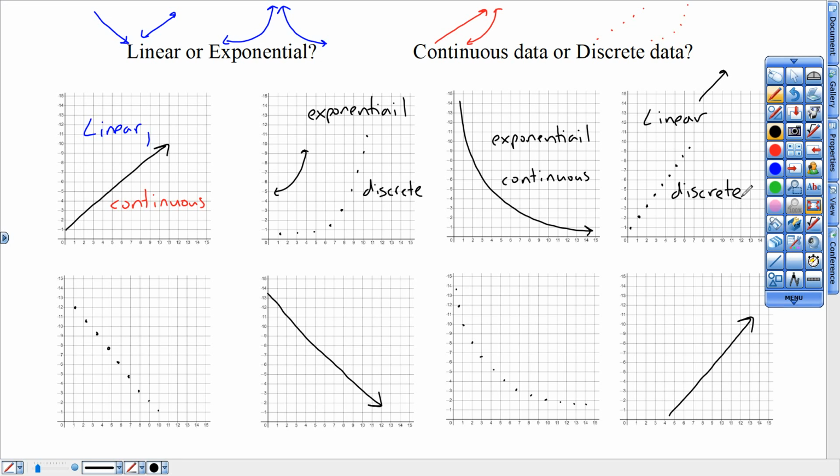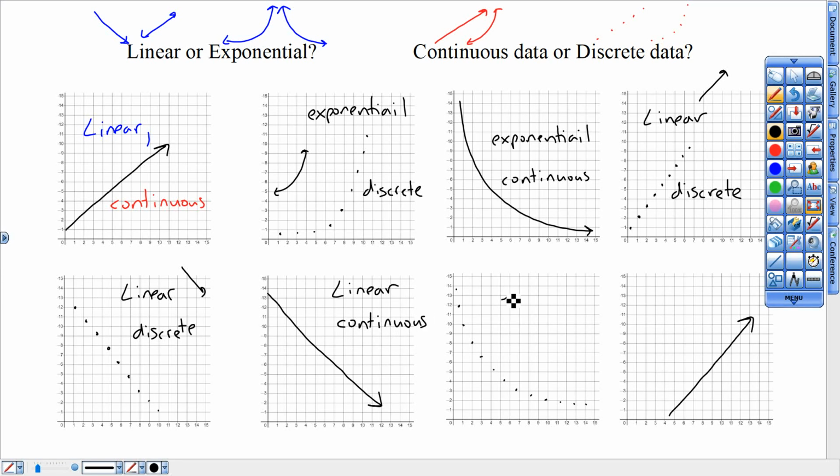Next one down. This is linear, straight line data. Dots make this discrete data, not a line drawn through them, discrete. This would be linear, straight line through the data. And of course, being a line drawn through the data, continuous.